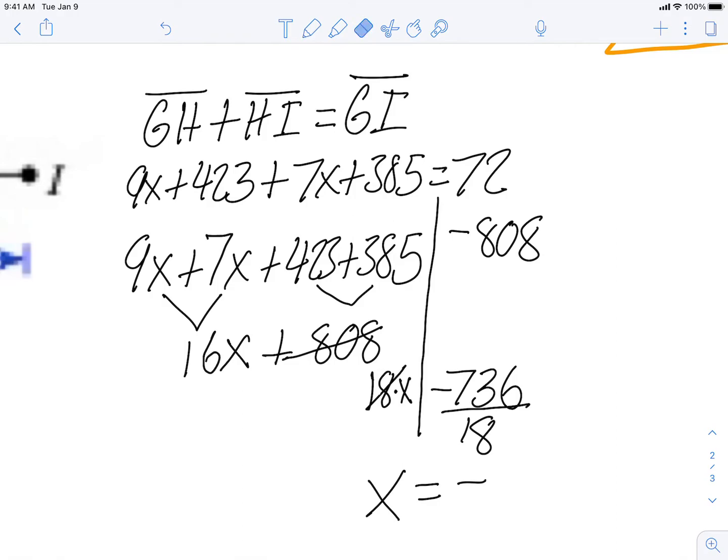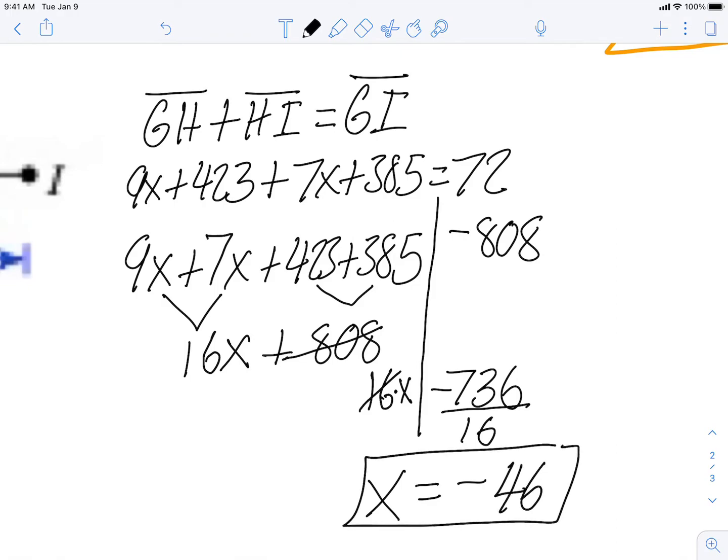So that means that this is a 16x, and I'm going to cross out 16, and I'm going to write here 16. So now let's try it out. 736 divided by 16, better, 46. And that right there, kiddos, is my solution.